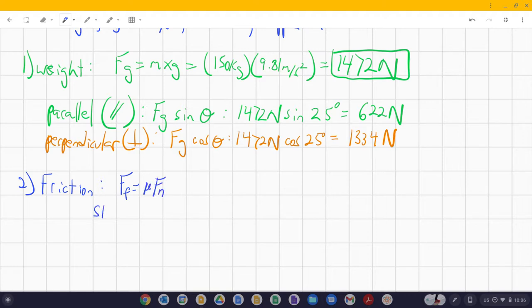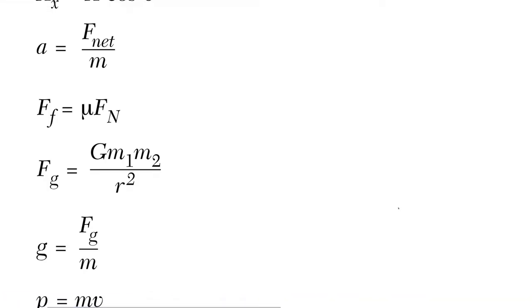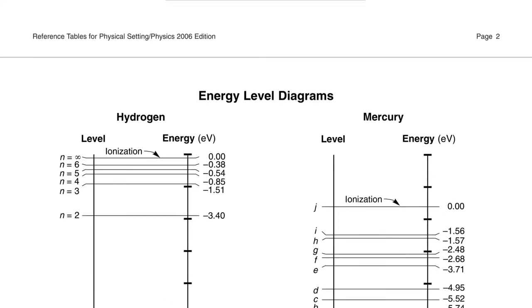All right, so first, why don't we calculate the static friction? And then if the object is sliding, we'll get the kinetic friction. So for static friction, we need to look up the coefficient of static friction with a copper object sliding on steel, or not sliding on steel. Maybe it's sliding, maybe it's not, just in contact, touching.